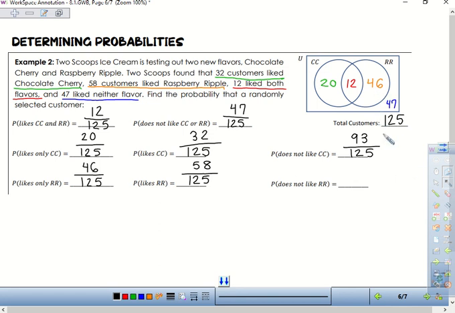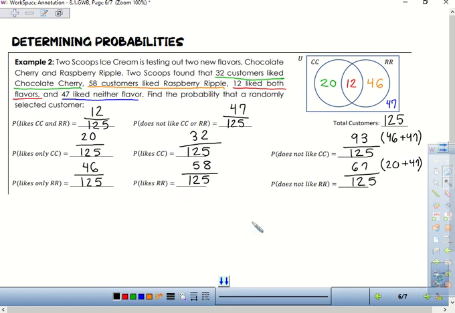So that was just 46 plus 47. And then out of 125 people, how many of them did not like Raspberry Ripple? 67. Good. 67, which comes from 20 people who liked just the chocolate cherry and the 47 people who liked neither. Does that make sense?